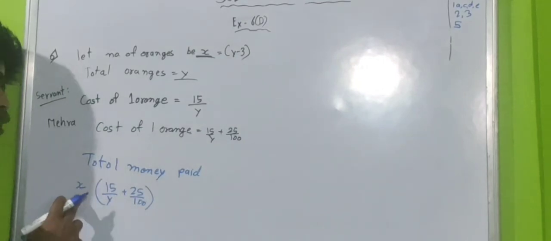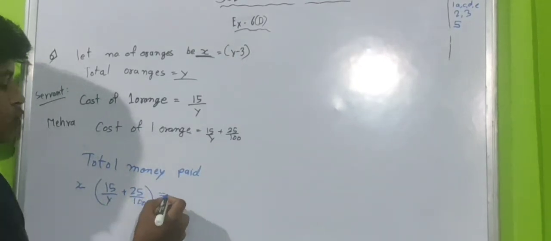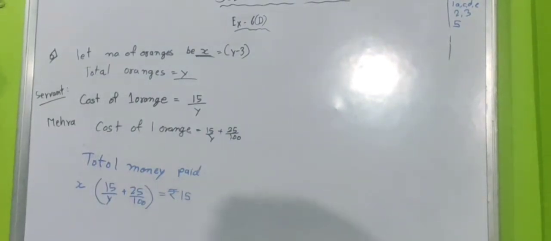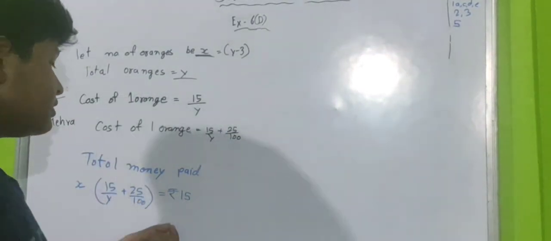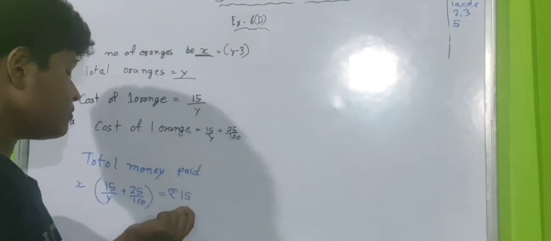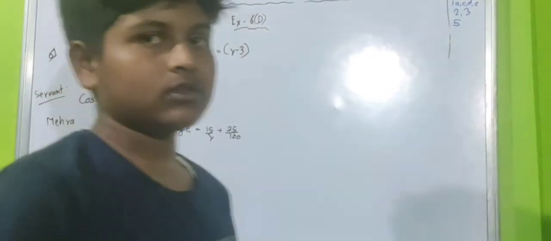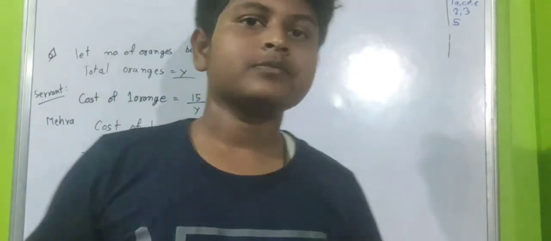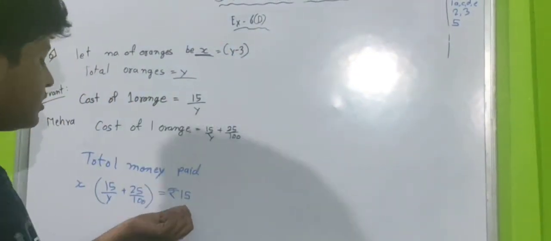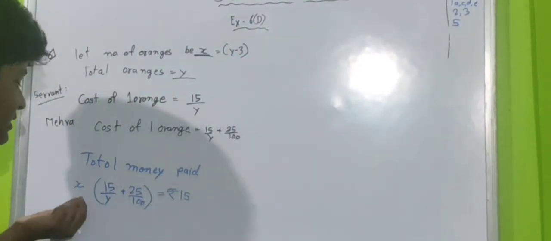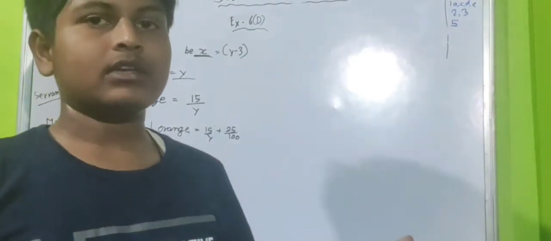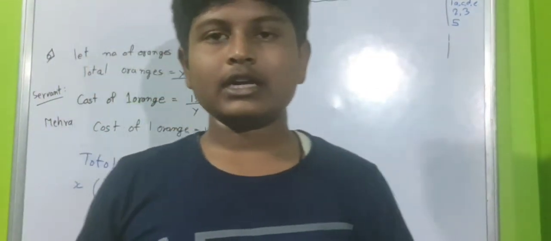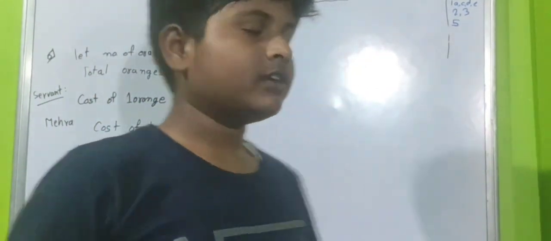So number of oranges into the rate is equal to rupees 15. Because by taking the increased value of 25 paise, the total money paid is going to be rupees 15. The servant profited with 3 oranges because he treated Mr. Mehra, and took 25 by 100 paise into x as an advantage, as extra paise, and equalized it to the base 15, so that Mr. Mehra does not get suspicious of him.